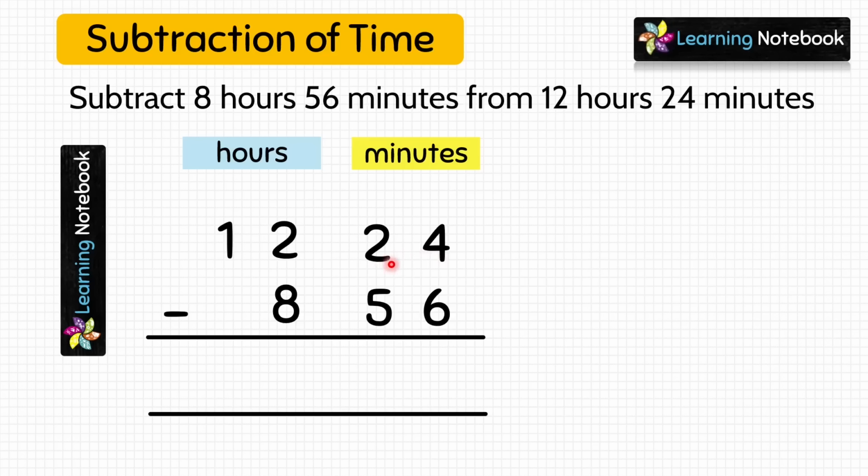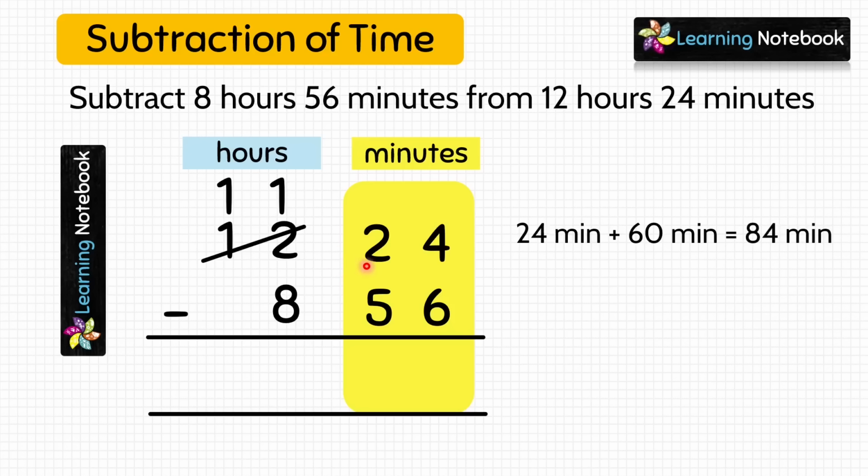Here, as you can see, 24 is less than 56. So we cannot subtract these minutes. So what to do? Let's borrow 1 hour from the hours column. And we know 1 hour equals 60 minutes. So we are borrowing 60 minutes from the hours column.